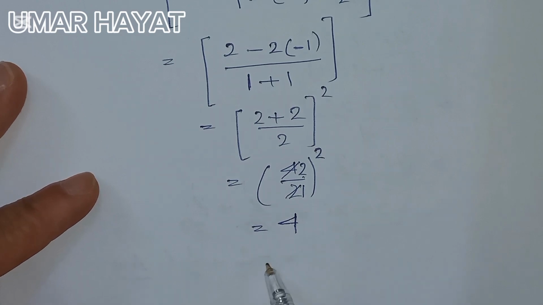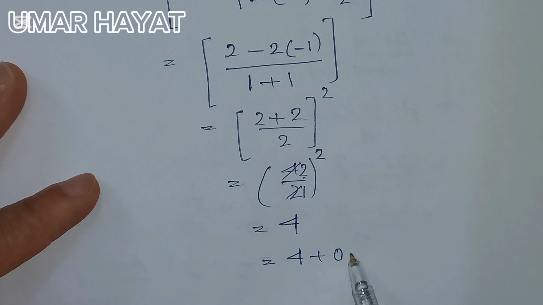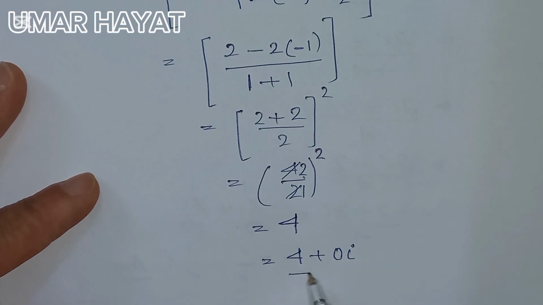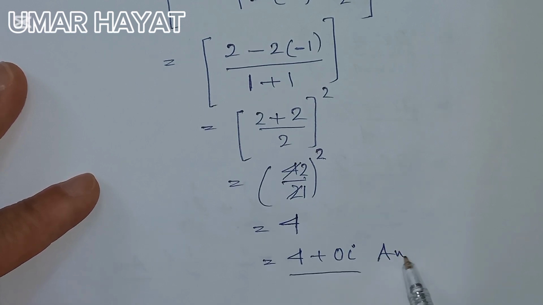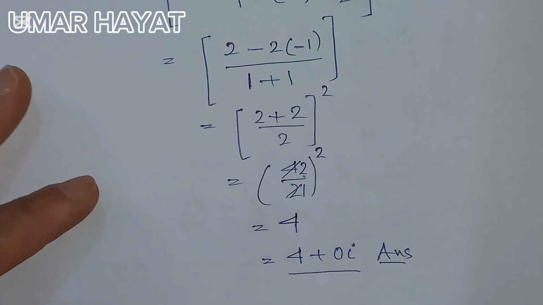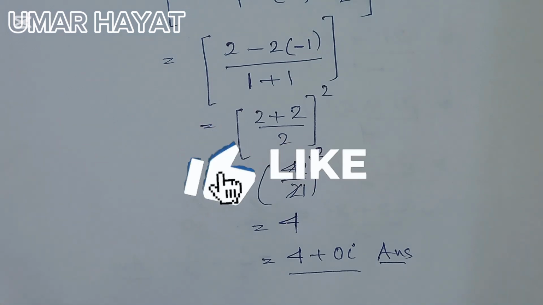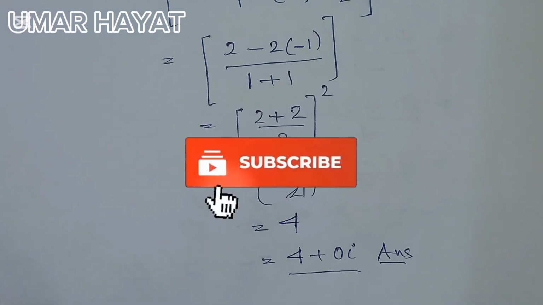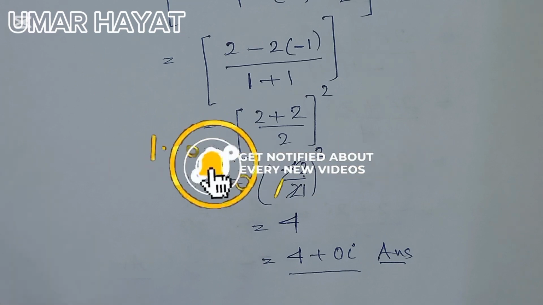Its answer is 4, and this can be written as 4 plus 0 iota. This is the a plus b iota form of the question. So this is the simplest form of this question, and we can write this in 4 plus 0 iota form.